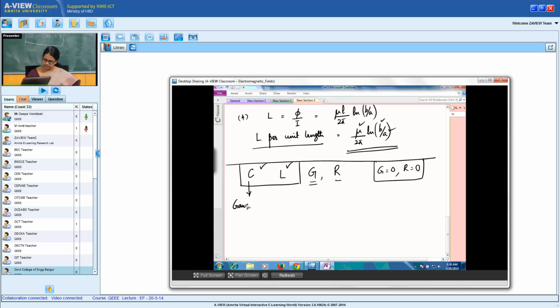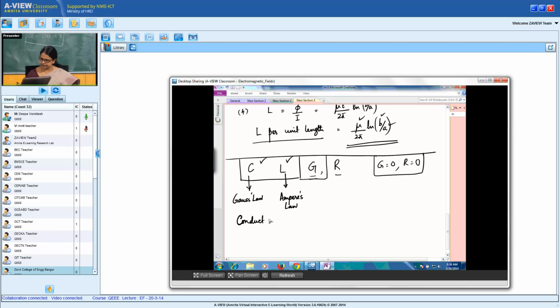So this we calculated using Gauss law. This we calculated using Ampere's law. I have chosen it in such a way that they are examples of how you can use Gauss law and how you can use Ampere's law. Now we are going to calculate this also today. So what is this conductance we are talking about?